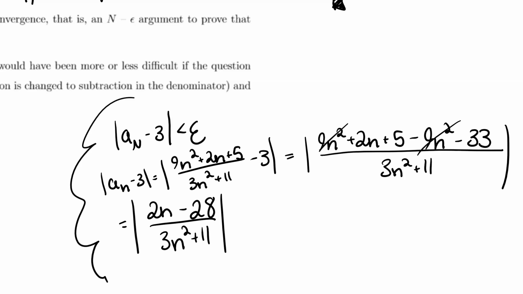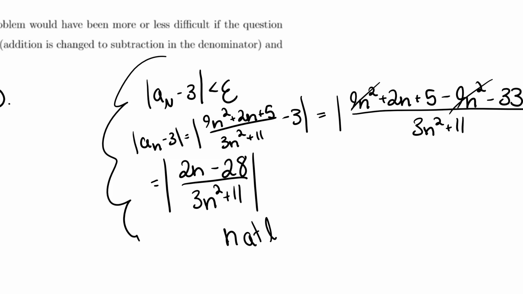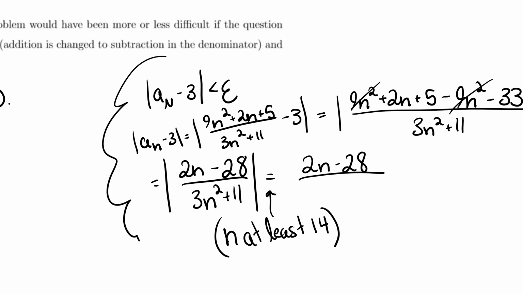So maybe we say n at least 14, and we write that as a note to ourselves so we remember to write it in our proof as well. Then that gives us that this version is positive, because remember, if n was like 1, we would have to write 28 minus 2n.